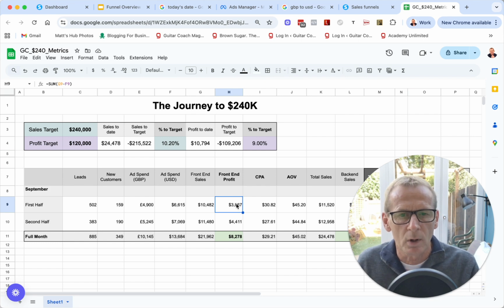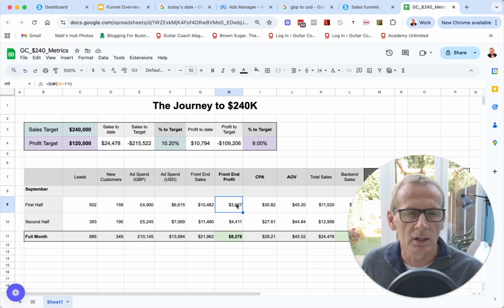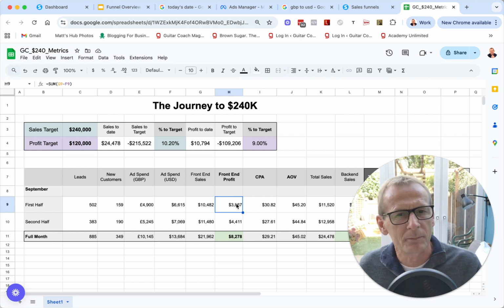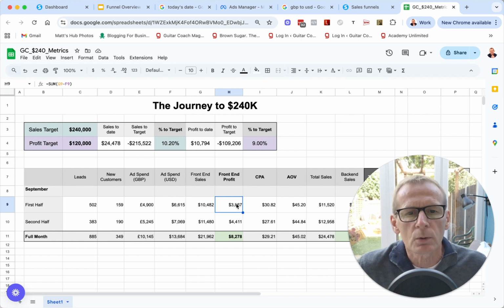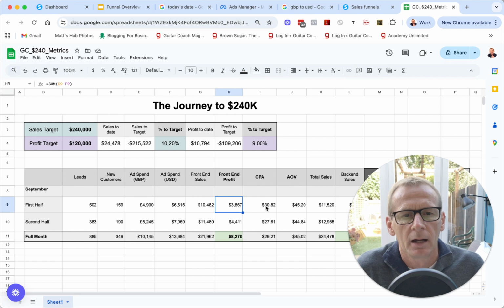So when I say the front end profit, this is actually revenue generated effectively in the same day, or in the first, probably, 3 to 5 days maximum. So we'll work out that, and then obviously we've got our CPA, cost of customer acquisition.